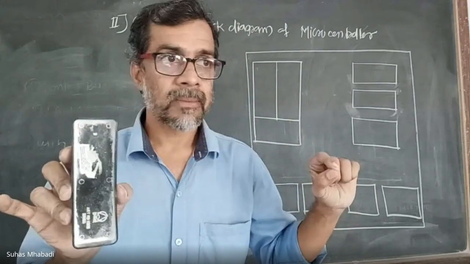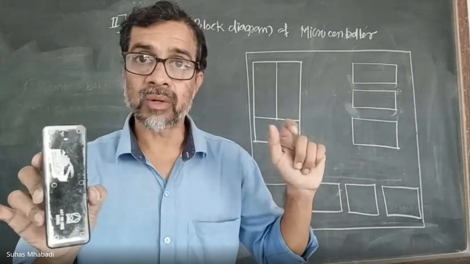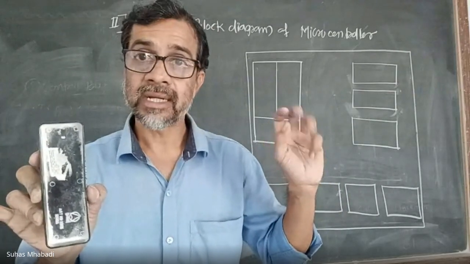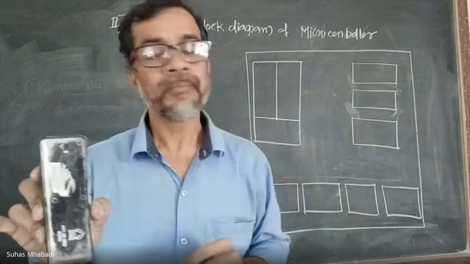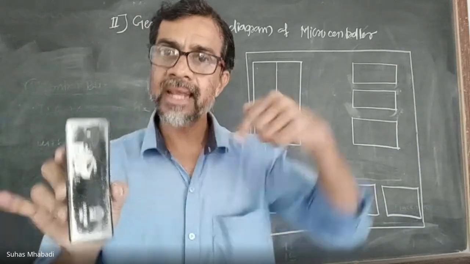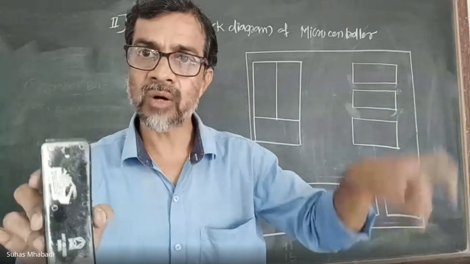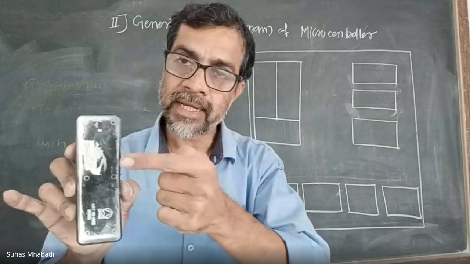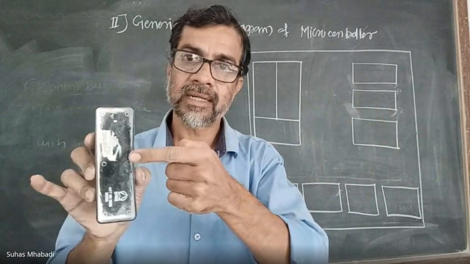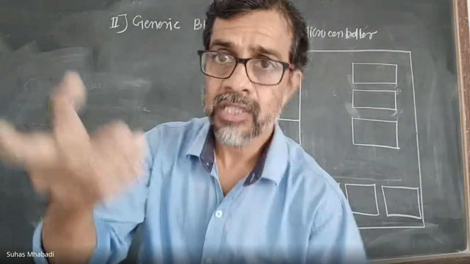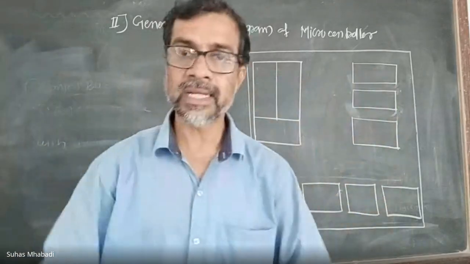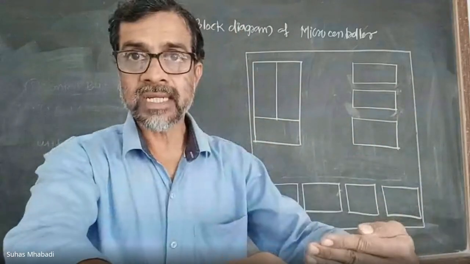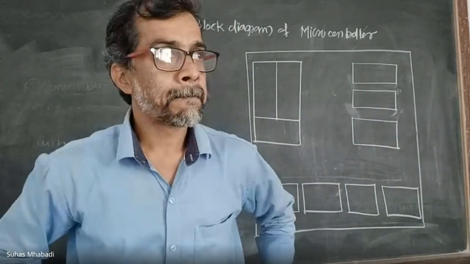Peripheral devices, I will change the word now, not peripheral devices, interfacing devices, I'll tell you. Interfacing devices where I can connect the input devices and output devices should not be separate, they should be included in this IC. So I require a small memory inbuilt inside, and interfacing devices should be inbuilt inside.